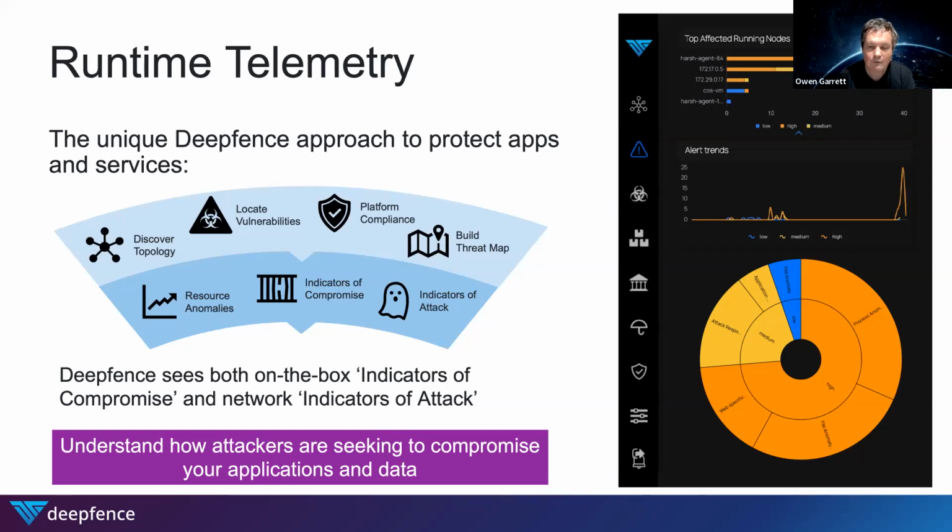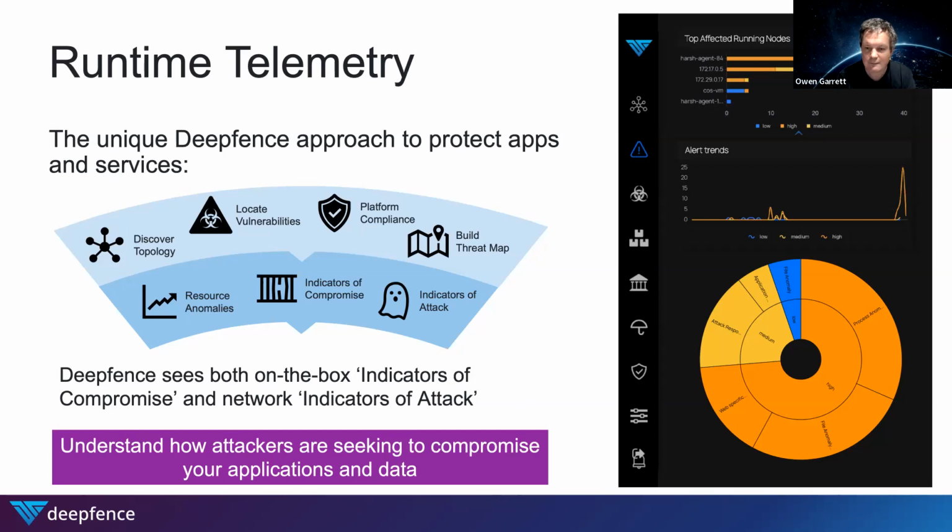We know from hosting our own applications and from talking to our own users that simple ingress solutions, a web application firewall, is not sufficient because that only enumerates traffic coming in from outside. Even egress solutions, looking at what's going out, those are blind to what's happening within the application.